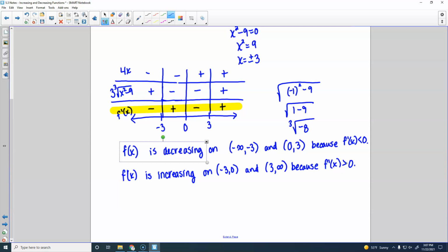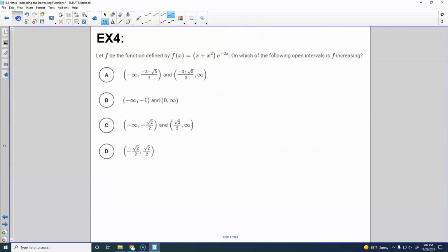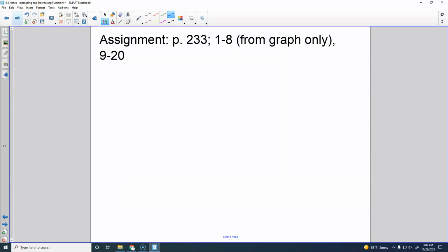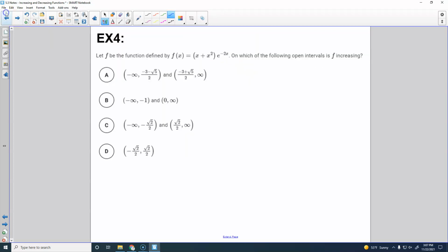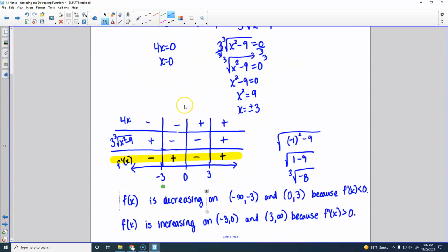All right, we don't have time to do the rest of this. The assignment is at the end of this, and what did I say it was? I can't remember, I don't have it out.